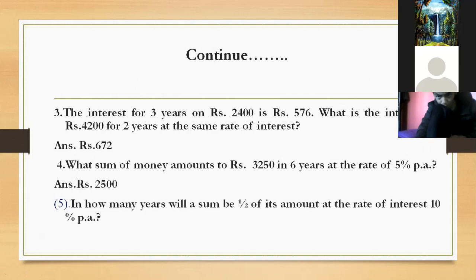Okay, now here the amount is given. Amount we have to suppose X. Then the sum, the principal, is half of the amount. If the amount is X, then the principal will be 1 by 2 of X, that is 1/2X.